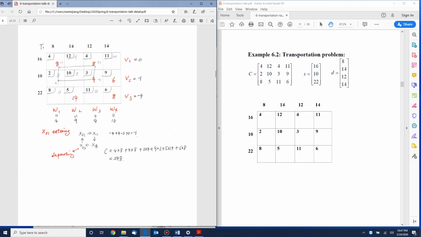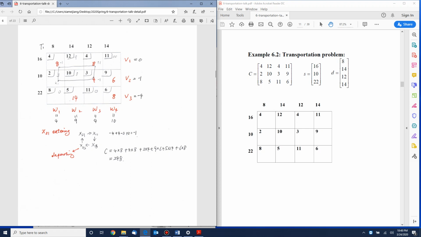The third row is for source 3, and source 3 has 22, and 5 is the cheapest one. In this column we didn't put any from source 1 and source 2. So here we can put 14 into cell 32.